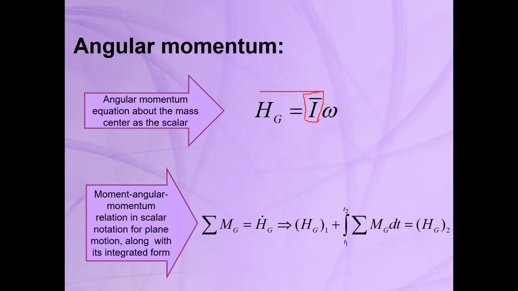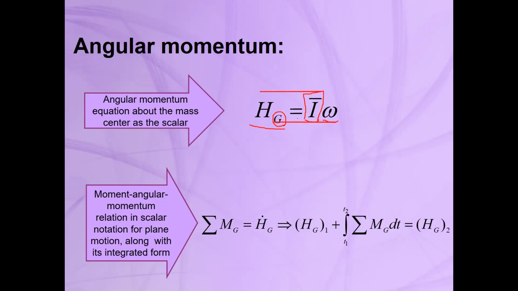But here we usually write the angular momentum about the mass center. This G means the mass center. So the angular momentum about the mass center is equal to the mass moment of inertia about its mass center times omega, which is the angular velocity of the rigid body.